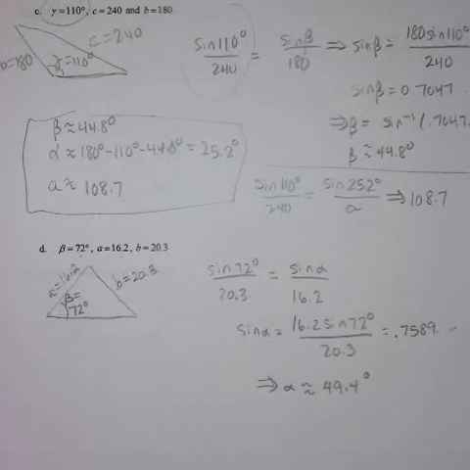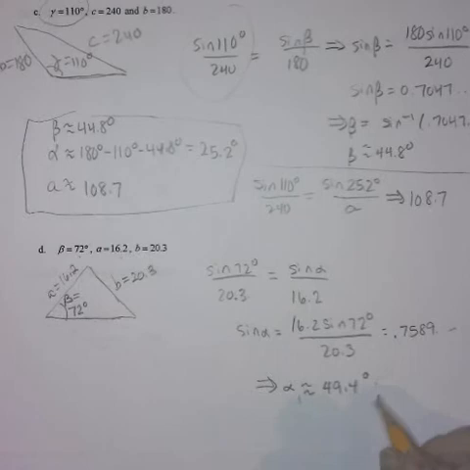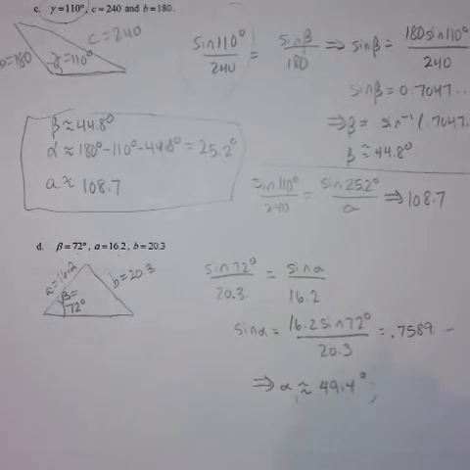So at this point you think, okay, if you hadn't drawn the picture, let's say that, and you didn't know that there could only be 1 triangle, and you're thinking, well, there could be 2 triangles here, so I should find the other angle, right?